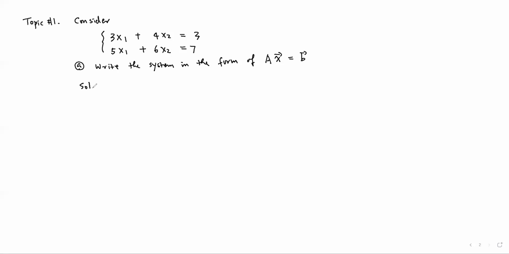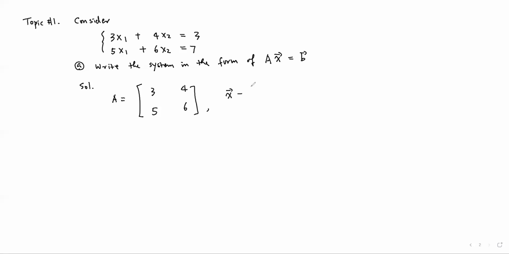Solution. How to write this linear system as AX equals B. A is the coefficient matrix. The first column is the coefficients of the unknown x1: 3, 5. The second column is the coefficients of the unknown x2: 4, 6. This is the coefficient matrix.